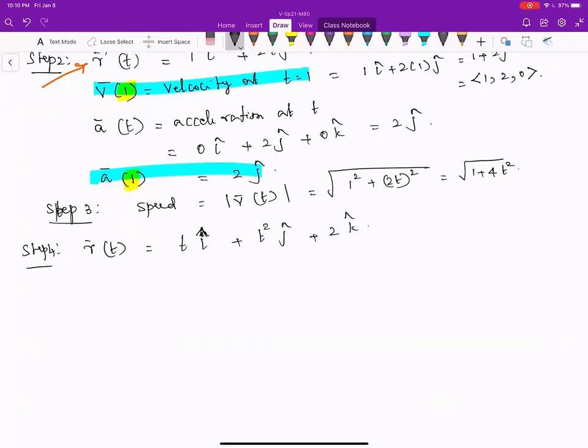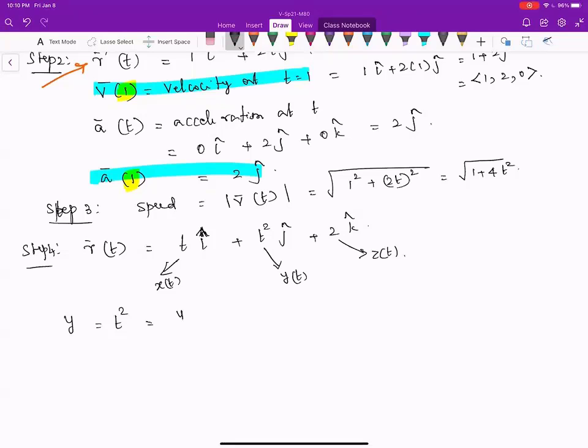So from here, we know that this is x of t, this is y of t, and this is z of t. So you notice here, y is t squared.